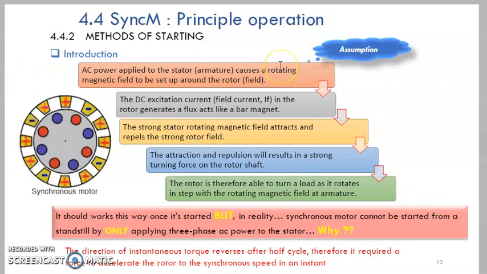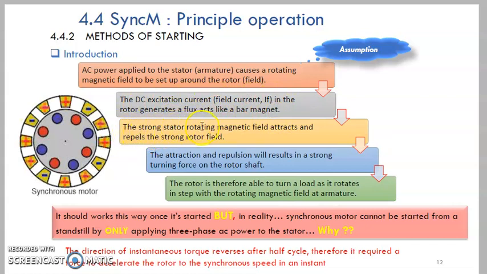In terms of starting your motor, AC power applied to the stator armature causes a rotating magnetic field around the field. With the DC excitation current in the rotor field, we generate flux like a bar magnet. So inside here we have a DC excited current field, and it acts like your permanent magnet.